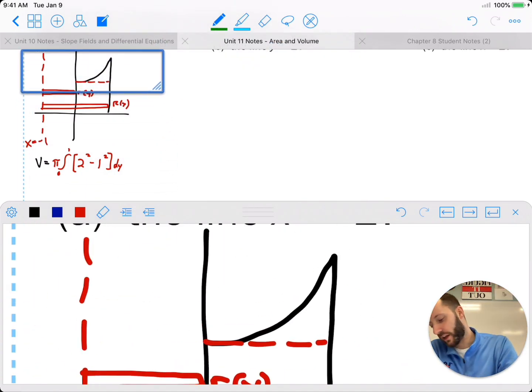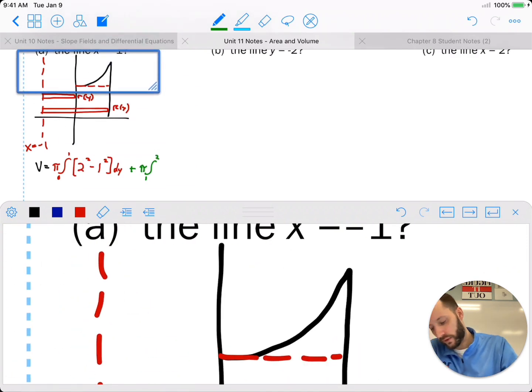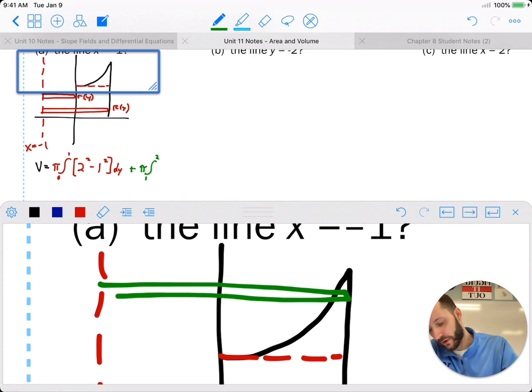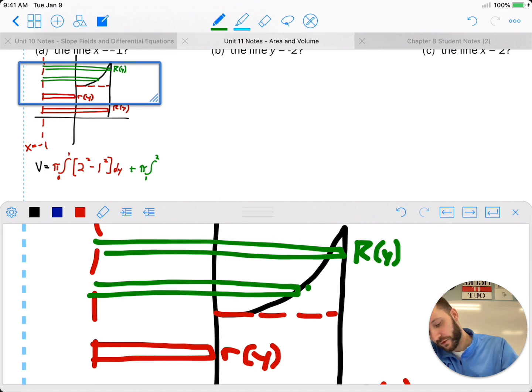Now let's do our other integral. From 1 to 2. So there's big R from the axis of revolution to the far side of the region, then little r from the axis of revolution to the near side.